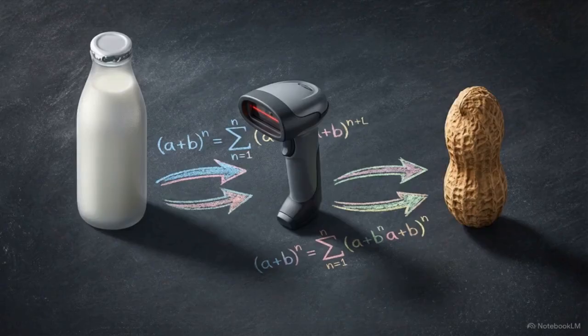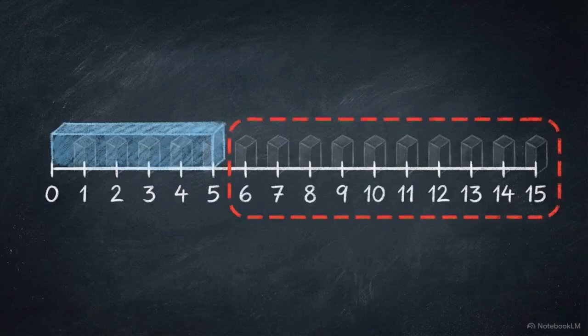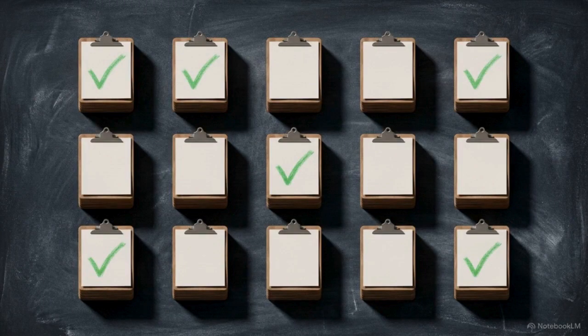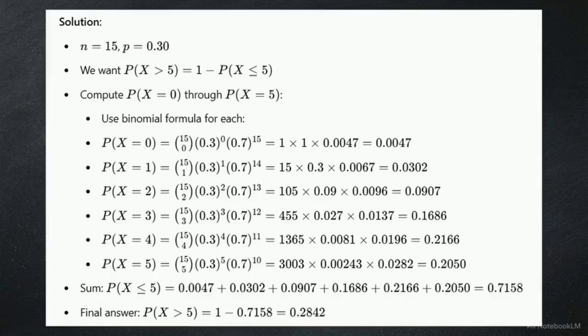This framework is universally applied across food science. You can swap the parameters to model microbial presence, binary consumer brand preference, or allergen detection. The math becomes more demanding when you need to calculate cumulative ranges. For example, finding the probability that more than 5 out of 15 participants respond positively to a new recipe. To solve this efficiently, we use the rule of complements.